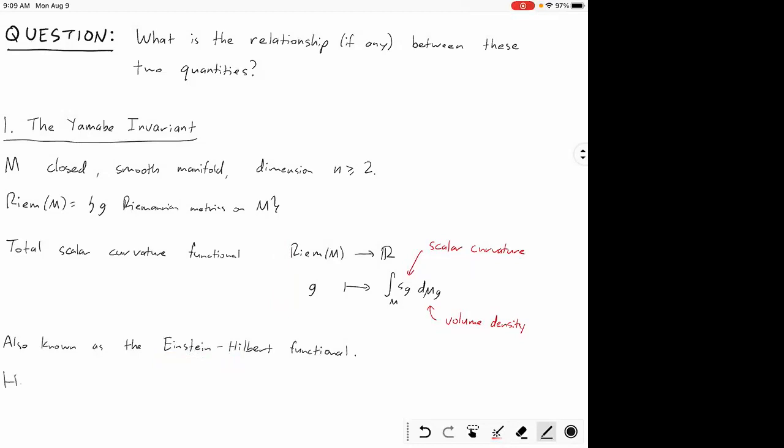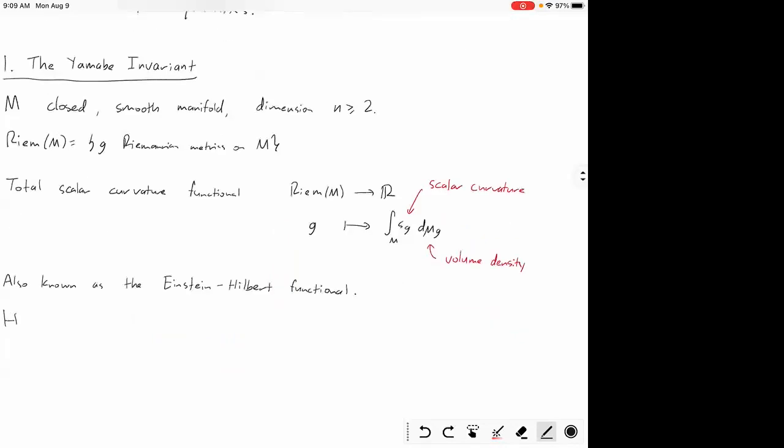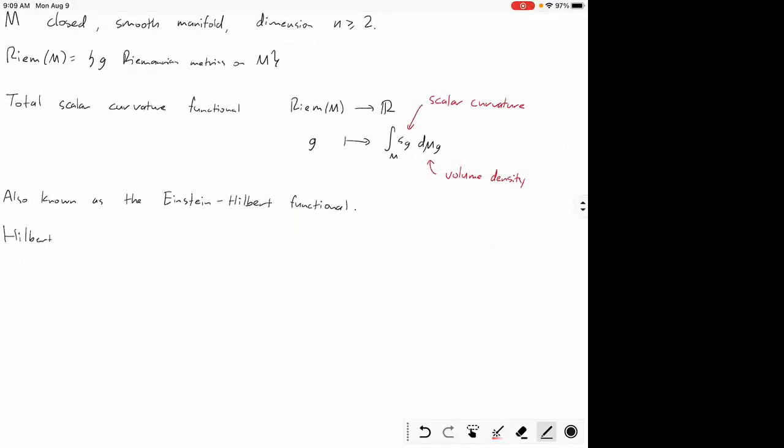Hilbert showed that the Euler-Lagrange equations of this functional give the Einstein field equations in general relativity.